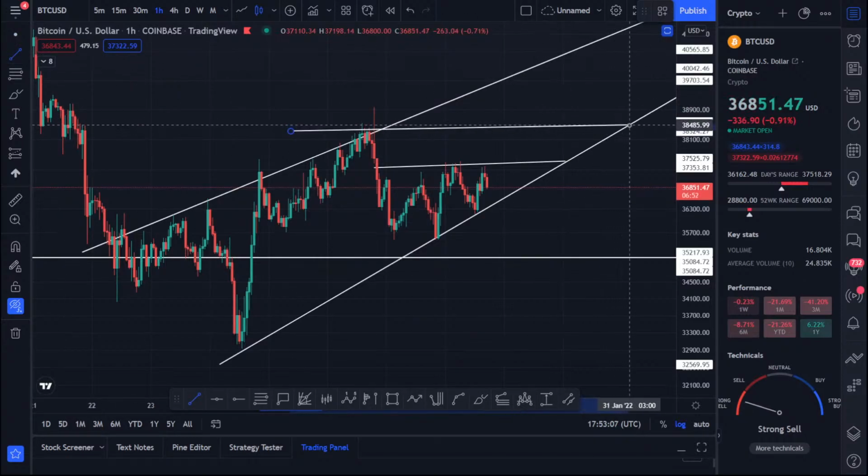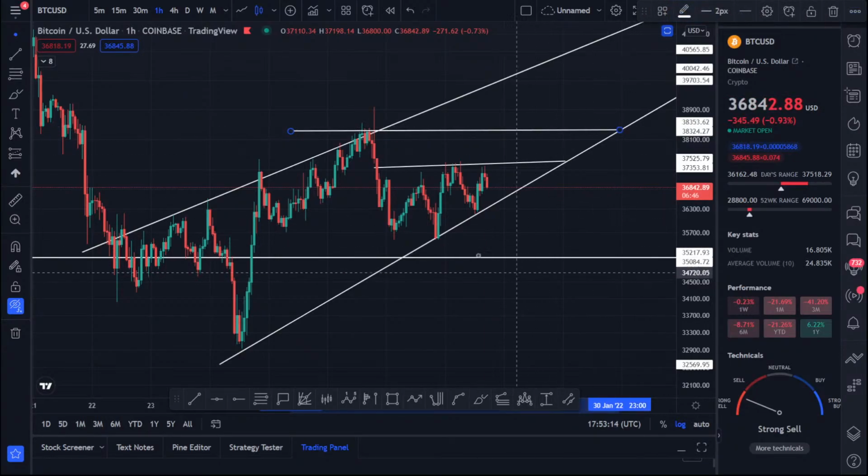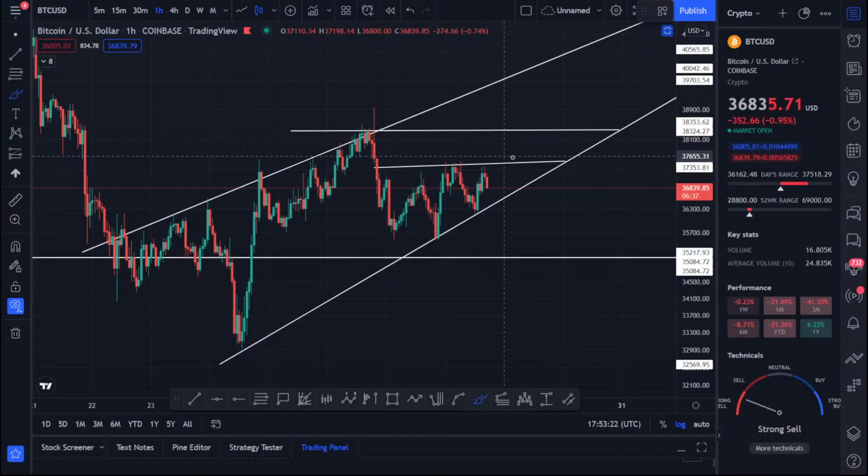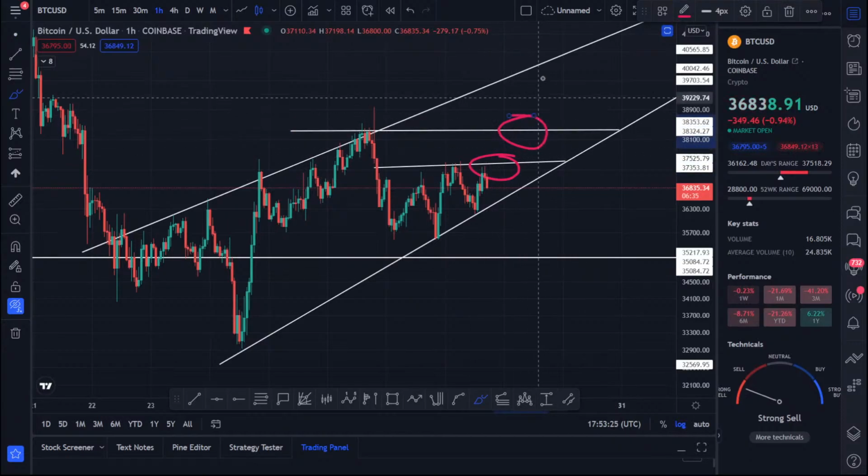Then this is gonna be the resistance right over there. Then it will try to break this and try to get to this level, because it has quite a bit of resistance.